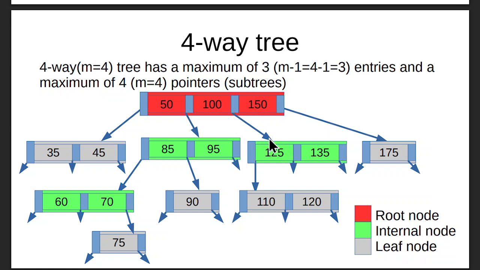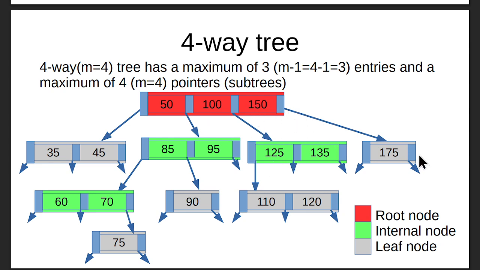Similarly, if you look at the right subtree for the entry 100, the right pointer for this entry node, we see that these values are all greater than 100 but less than 150. So we have 125, 135, 110 and 120.